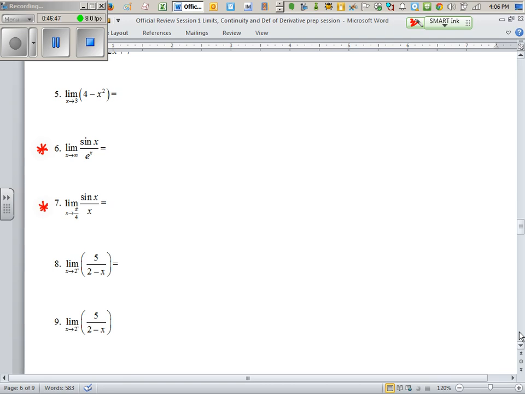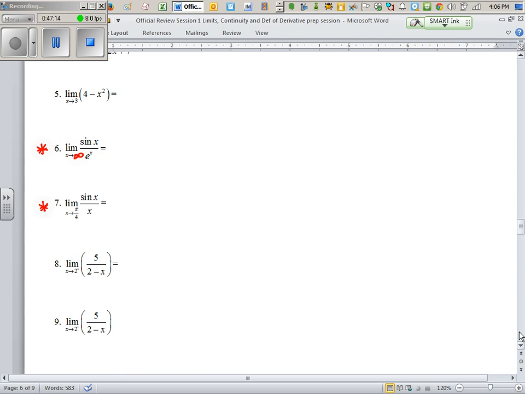Okay. This one says limit as x goes to infinity of sine x over e to the x. So what is the answer to this problem? What happens to this expression when x gets extremely large? Does sine x grow?